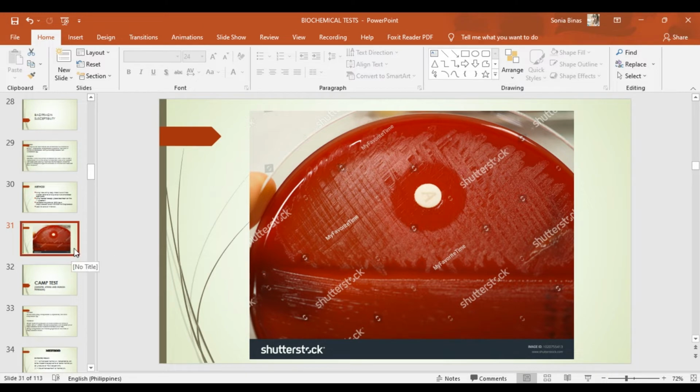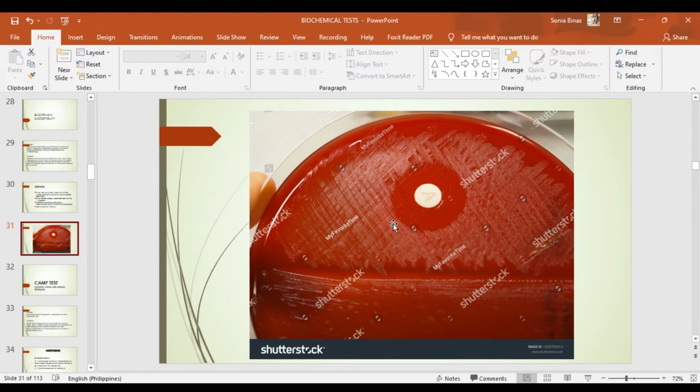So, pero, etong test na to, it will depend on the integrity of the disc. So, make sure na yung ating disc or ating antibiotic is properly stored and dapat hindi pa po siya expired to be able to have a good result.